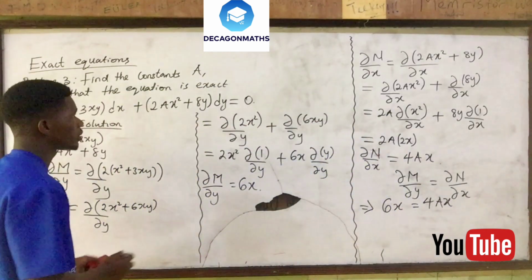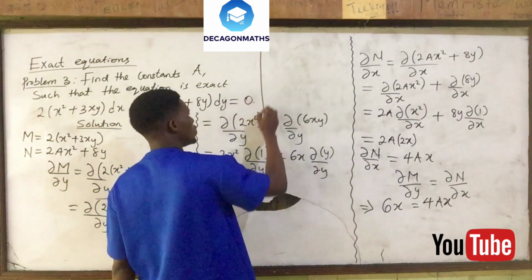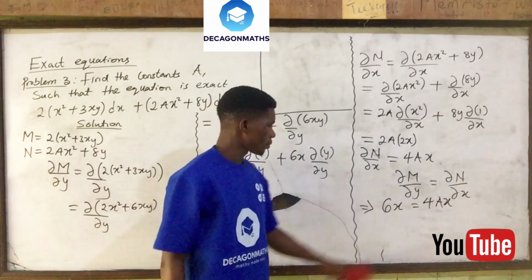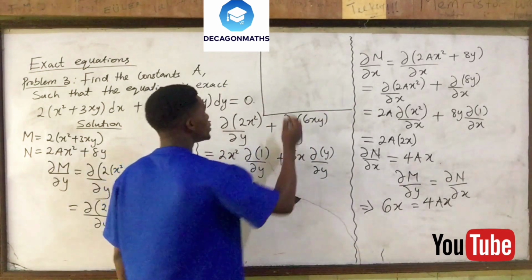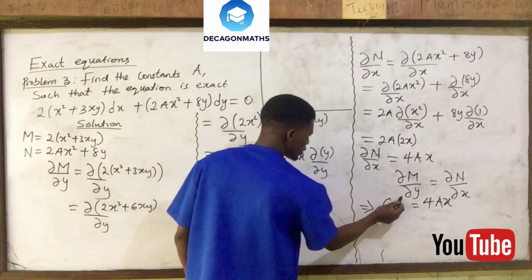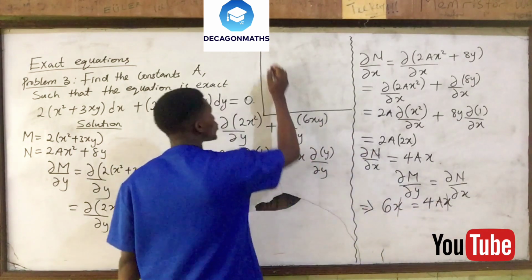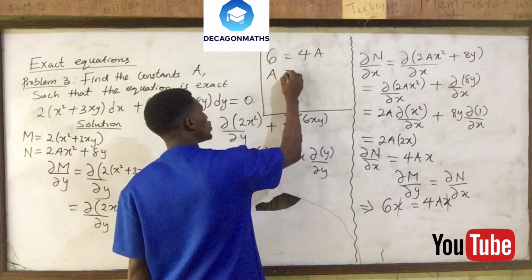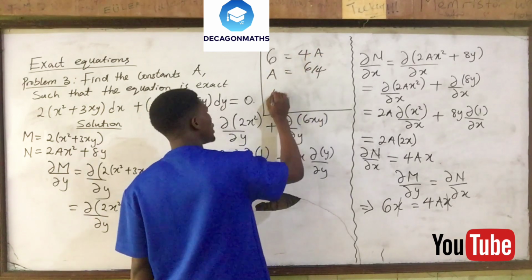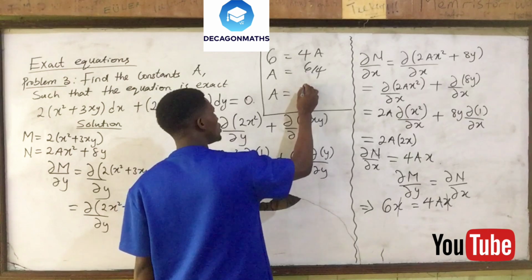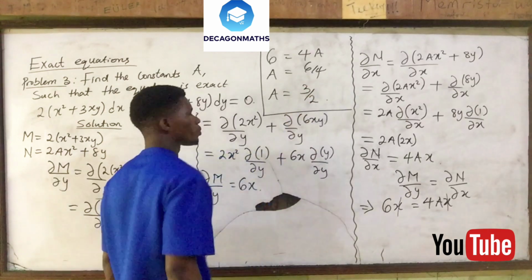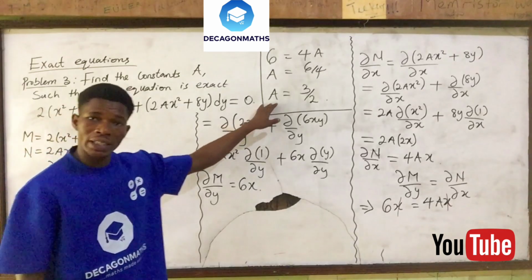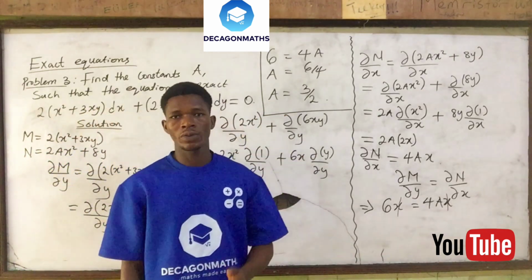If 6x equals 4ax, then we cancel out x, and we have 6 equals 4a. From here, a equals 6 over 4, that means a is equal to 3 over 2. Now we have solved the problem given. We had to find the constant a, and the value of the constant a is 3 over 2.